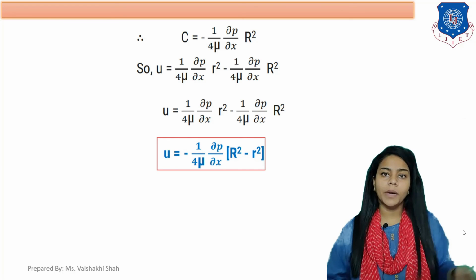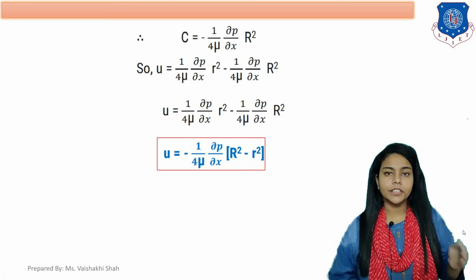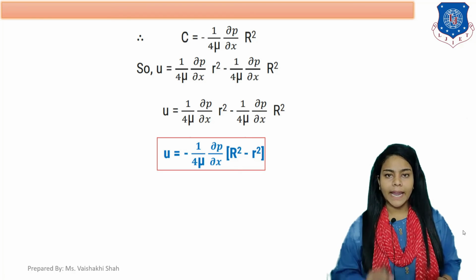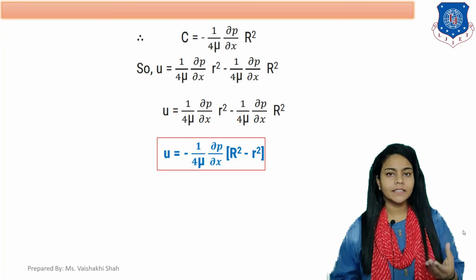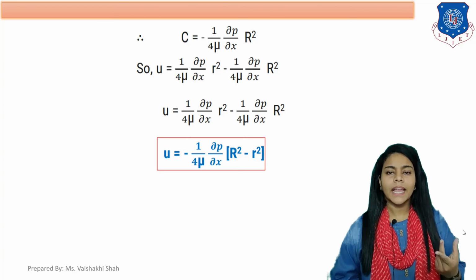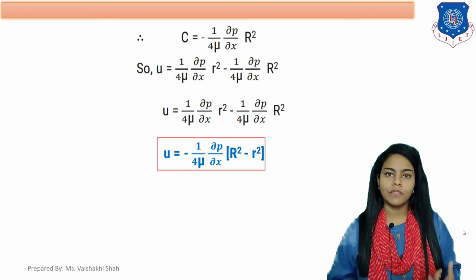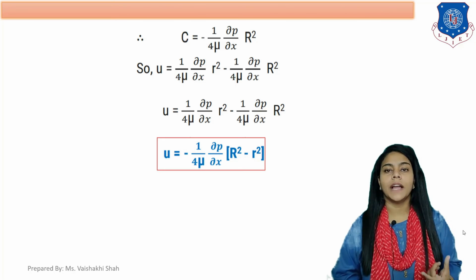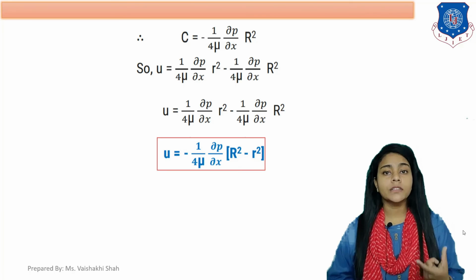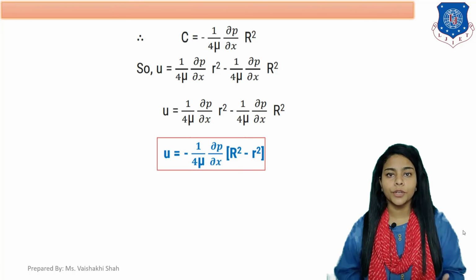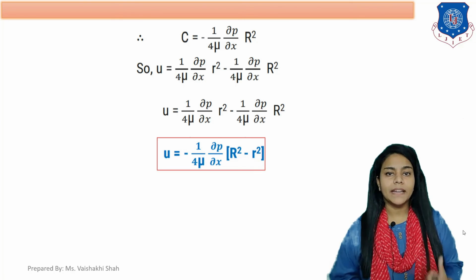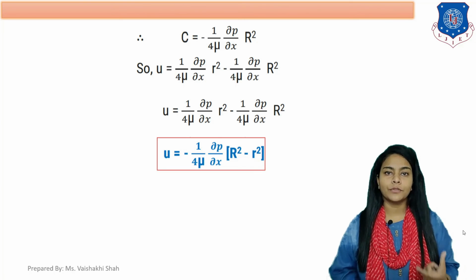Now, taking common terms, the constant minus 1 upon 4 mu del p by del x is common, into capital R square minus small r square. This equation finds the velocity, indicated as u. So u equals minus 1 upon 4 mu del p by del x into capital R square minus small r square.